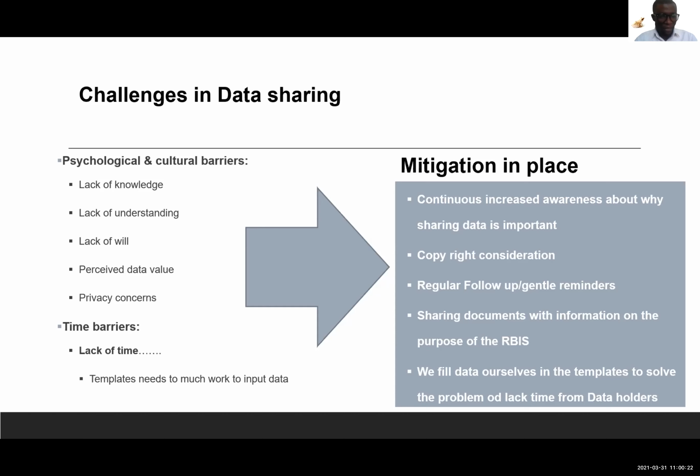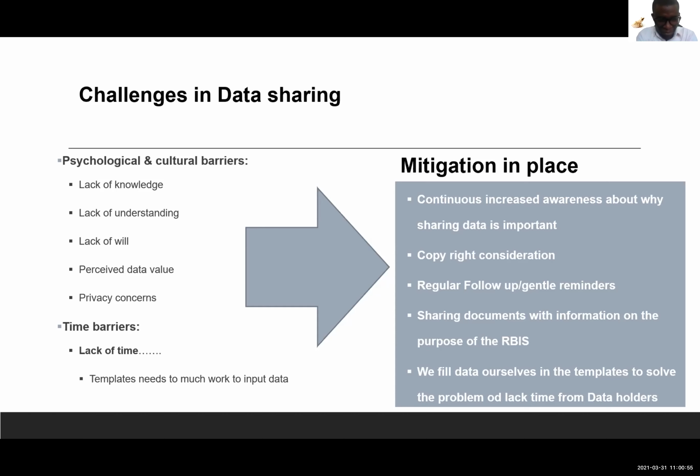And a very good point is the privacy concern, where people who have data say, I have this data, yes, but I'm afraid that you are going to use my data for any other purpose, such as your own publication, etc. Of course, you understand that we need to work very closely with these people so that they can understand the essence and significance of providing data to continue to build a system.